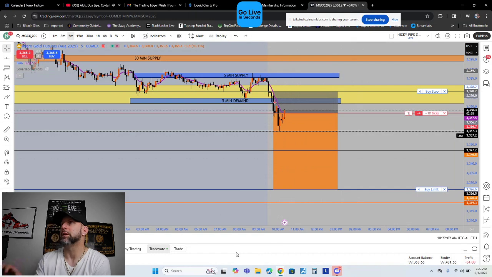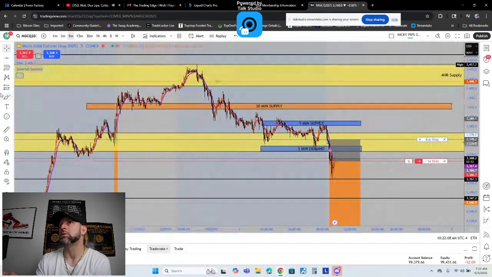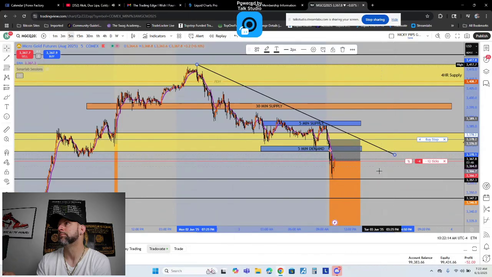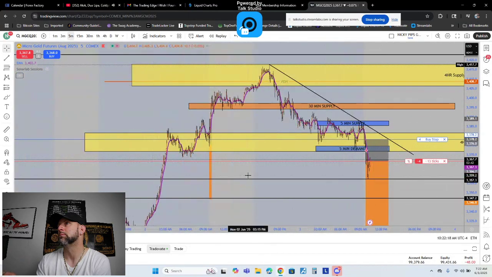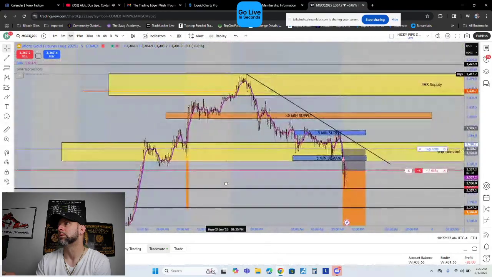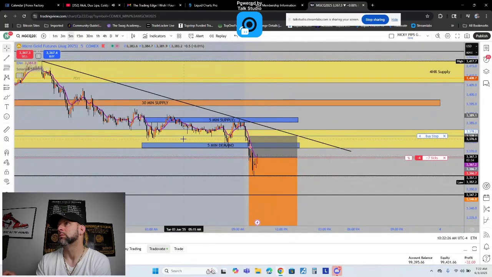Even though it's consolidated right here, yeah, the overall trend is bearish. You can see we have an overall bearish trend. And we should continue down. So let's go.